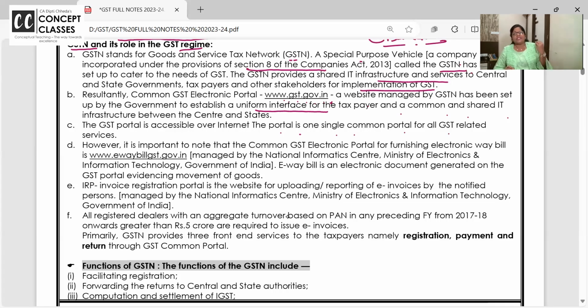You will have your GST registration number, and through that number, like in income tax, we have the permanent account number. Whether you want to pay TDS, TCS, advance tax, return filing, challan, scrutiny, whatever, it is through your PAN number. Same way, in GST, your GST registration number.